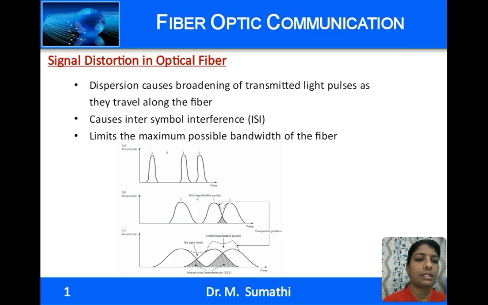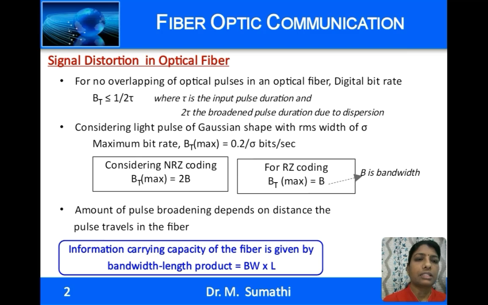So, this limits the data rate at which the pulses can be transmitted, and therefore it limits the bandwidth that can be supported by the fiber. Considering optical pulses with no overlapping, the digital bit rate is less than or equal to 1/2τ, where τ is the input pulse duration and 2τ is the pulse duration after broadening.